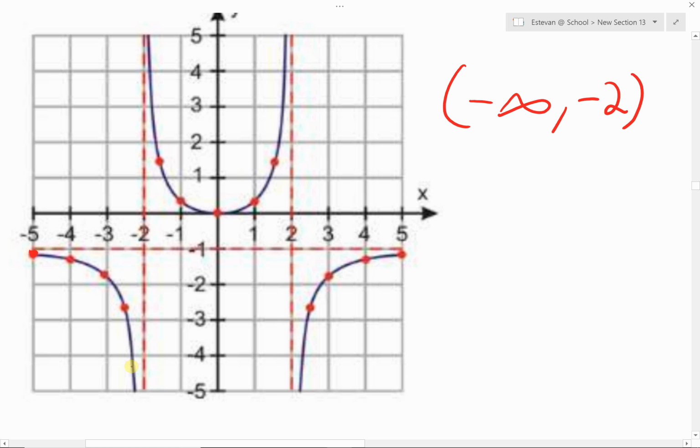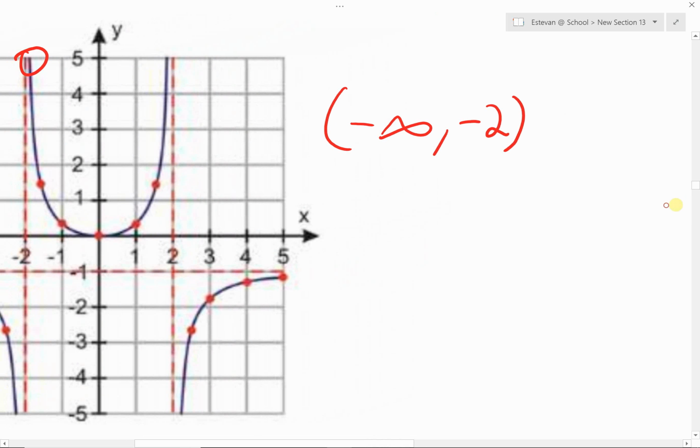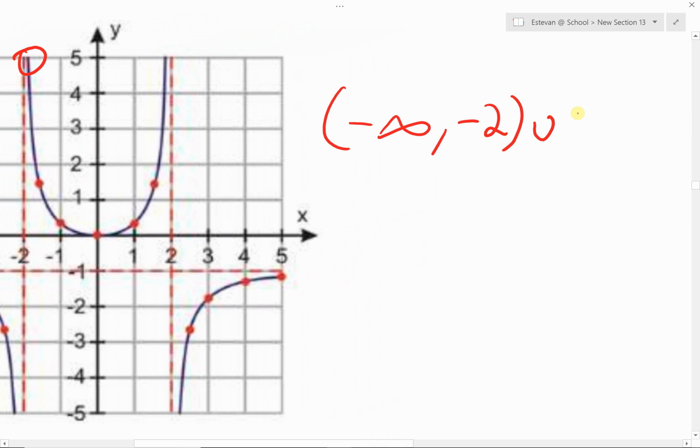But then from there, after -2, the next point that we move on after -2 turns out to be here on top. So that means we just move forward. In that case, we do a U for union, parentheses, and then we look at it from left to right. What's happening to the graph?